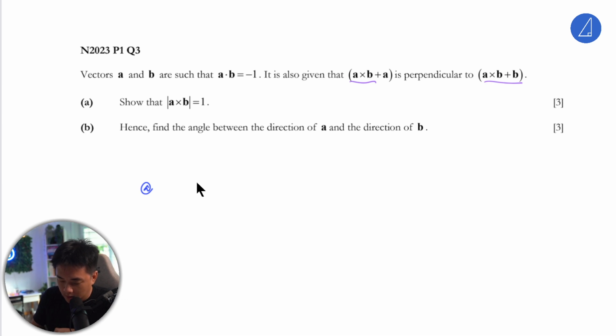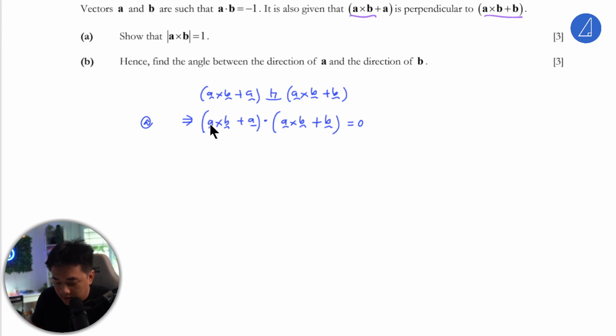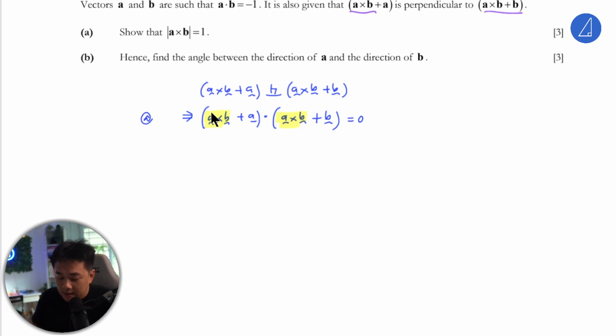Firstly, A cross B plus A dot with A cross B plus B equals 0. Okay, because they are perpendicular to each other. So what we need to do next is understand that these two vectors are the same. You can see this as a vector C, okay? So they are actually just one vector. When you distribute it, you dot it in.